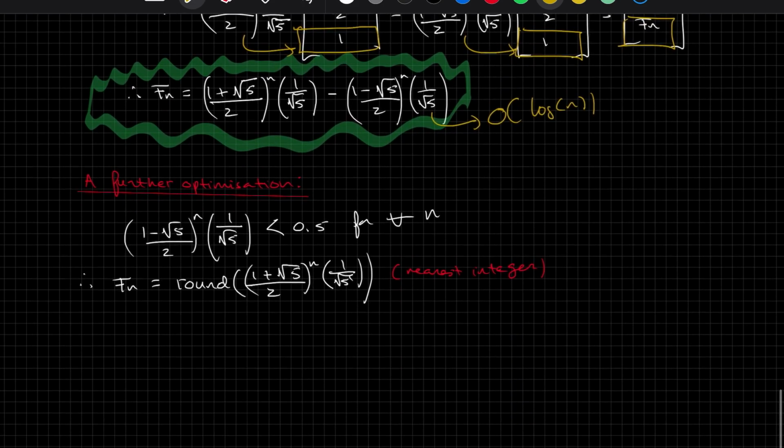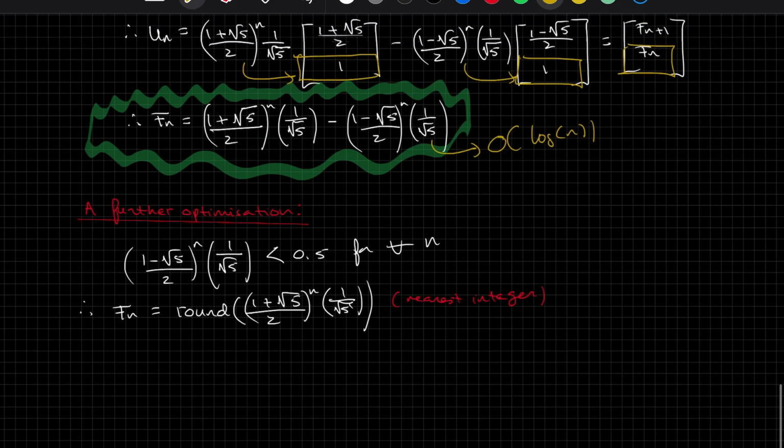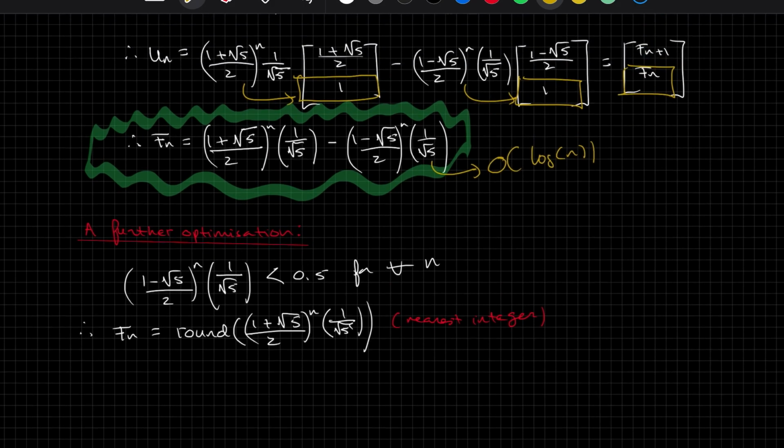So then there's one thing we can add. I'm not going to derive the reason why here, but this term here, the second term in the equation, is always less than 0.5. So then if we round the value, subtracting this term doesn't change what we get.